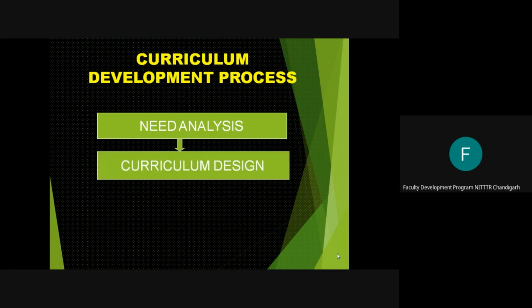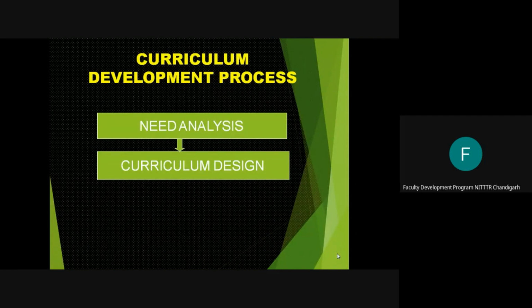So all this is decided at the first stage, that is called the need analysis stage. Then, my friends, the second stage is, once I collect a lot of information from the industry, from the stakeholder, regarding the importance of that particular program, then we go about designing the curriculum.